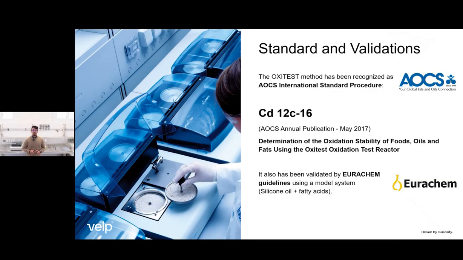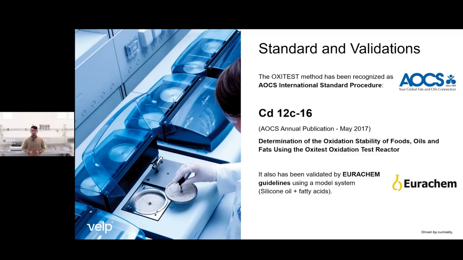In particular, the Oxitest method is not just fast, but it's also officially recognized. In 2017, it was established as an EU AOCS International Standard Procedure, numbered CD 12C16, for determination of oxidation stability in foods, oils, and fats. Moreover, it has been validated by Eurachem guidelines using a model system composed of silicone oil and fatty acid.